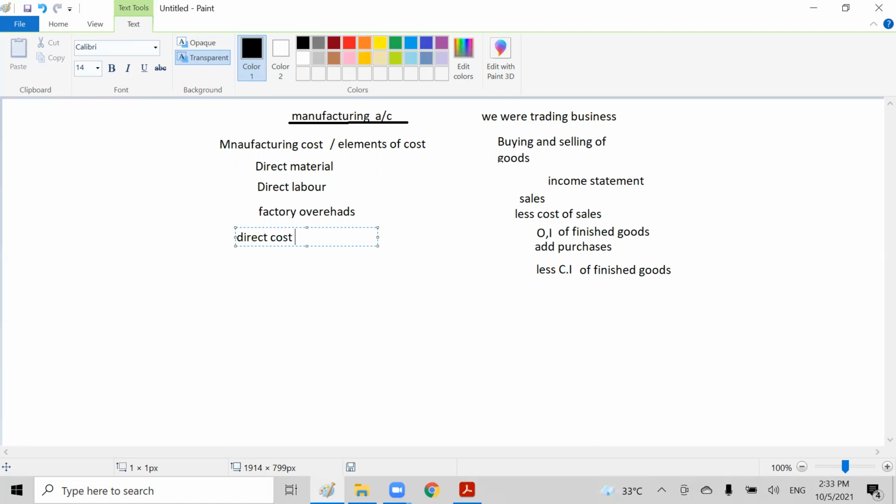Direct cost is a cost which becomes the integral part of the product.